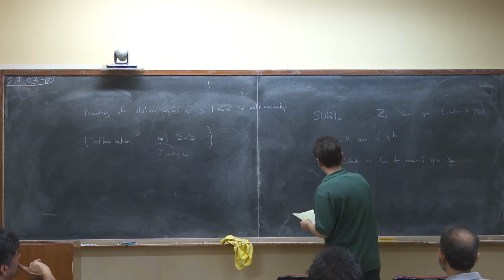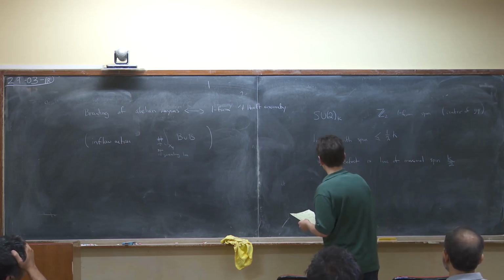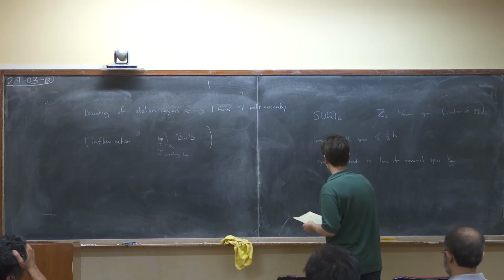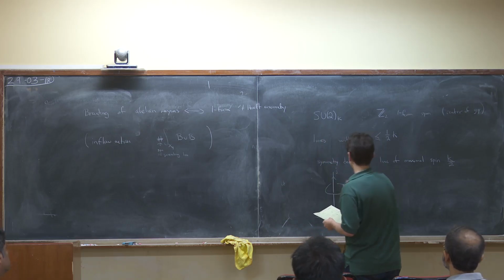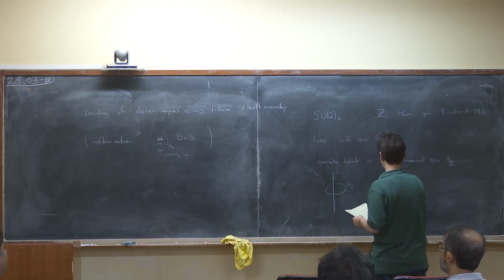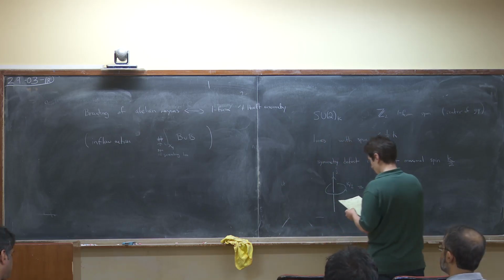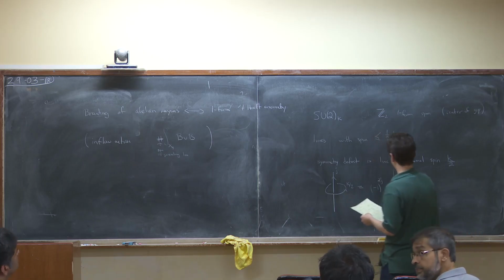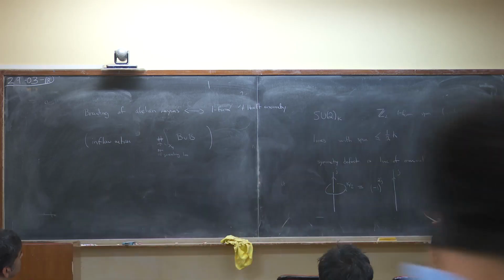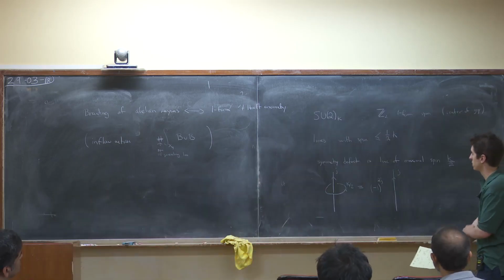So let's look at a line of spin J, and let's braid the spin K over 2 line around it. What do we get? Well, we get (-1)^{2J} times the line J, which is one of the elements in the solution to SU(2) level K Chern-Simons theory.